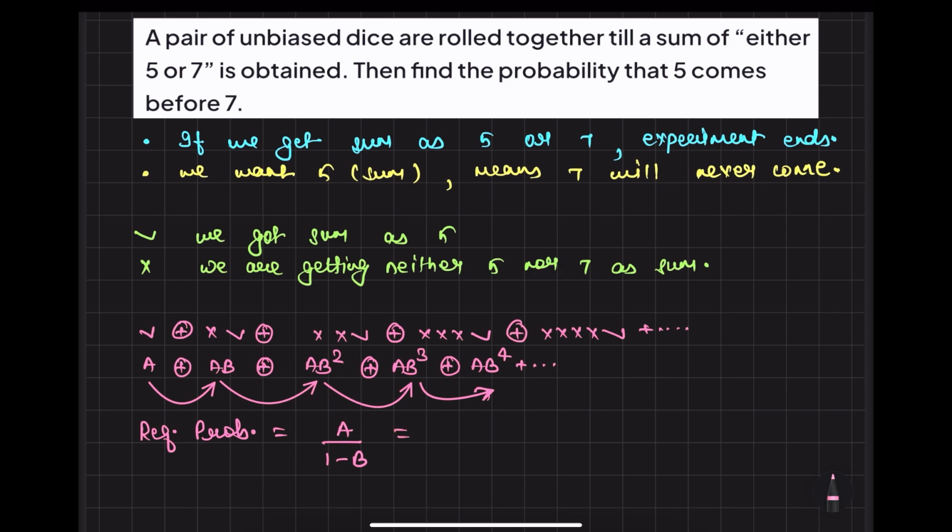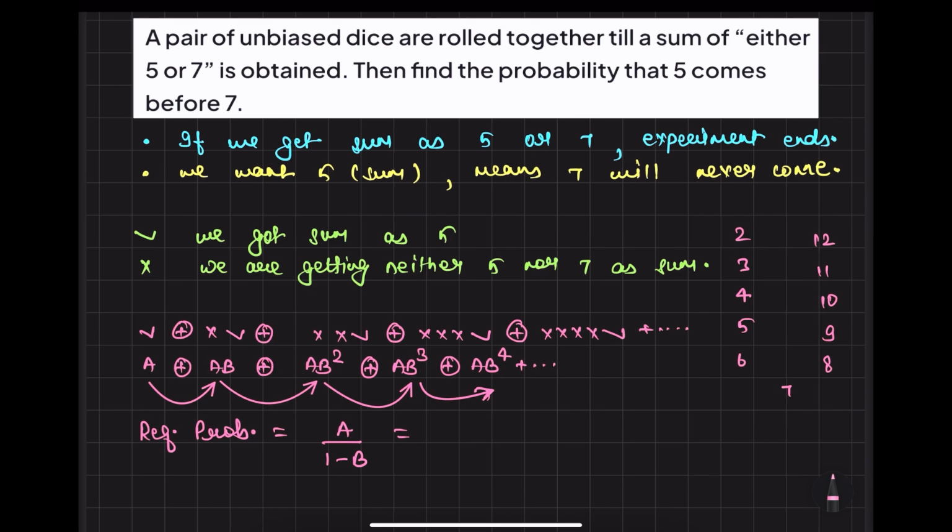So what does A mean? A means getting the sum as 5. I have explained to you the thread, that is 2, 3, 4, 5, 6, 7, 8, 9, 10, 11, and 12.